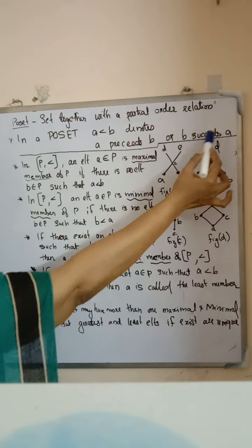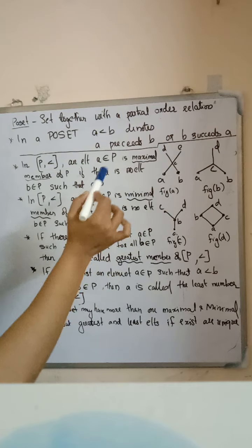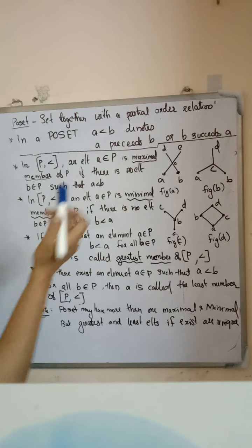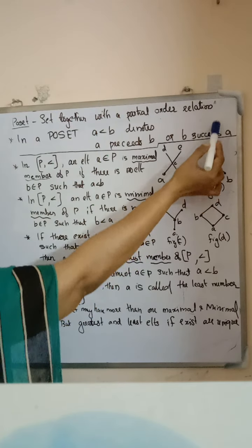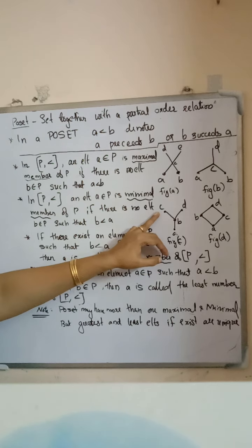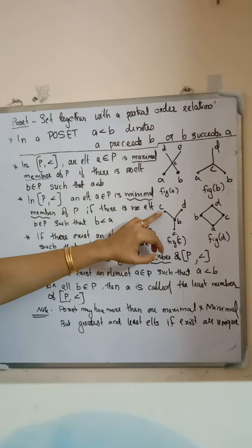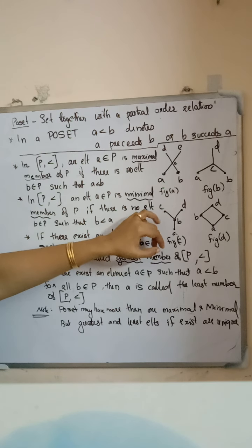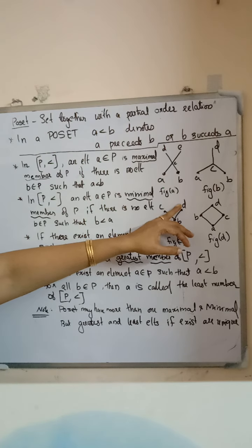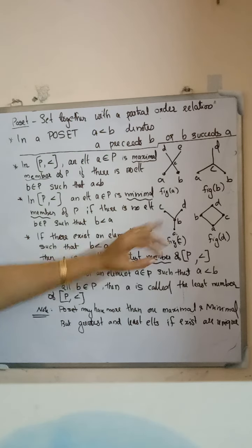In figure B, which one is the maximal element? Definitely it is D, because we couldn't find any element in P which is greater than D. Also, in the third figure, C and D are maximal elements because C is not a predecessor of any other element in P and D is also not a predecessor of any other element in this poset.